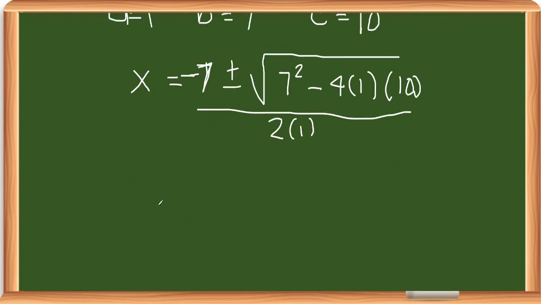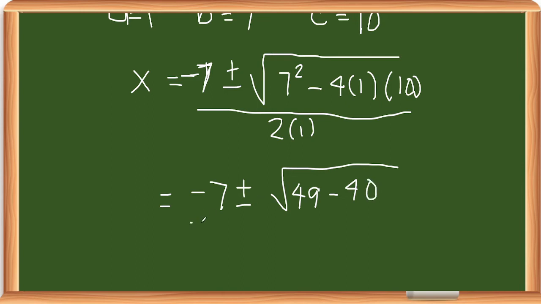Okay, tignan natin yung solution niya. Although kapag we're using factoring, mas madali, pero syempre papakita natin kasi yung nandun sa quadratic formula, yung sa loob ng square root. So we have here minus 7 plus and minus the square root of 7 squared is 49 minus 4 times 10 is 40, all over 2.